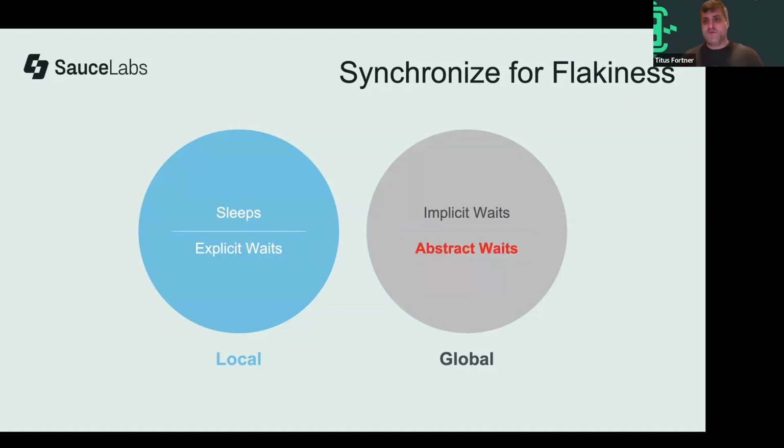And so that's great, except for most of the time, when you need to wait, it's going to be more than a short period of time. And when you add an implicit wait of 10, 20 seconds, it starts to get weird when it interacts with explicit waits.